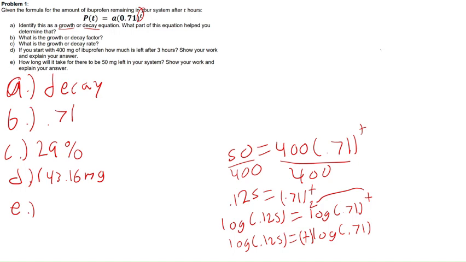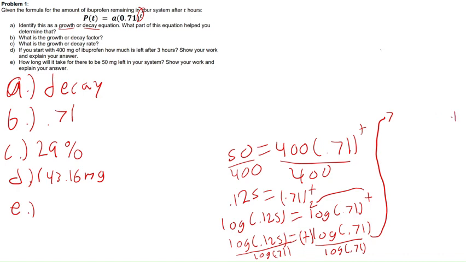I'm running out of space here, so I'm just going to draw an arrow to right here. Now we can divide both sides by log 0.71.